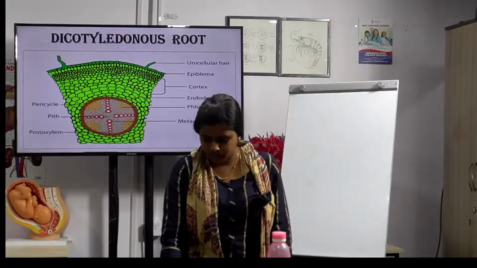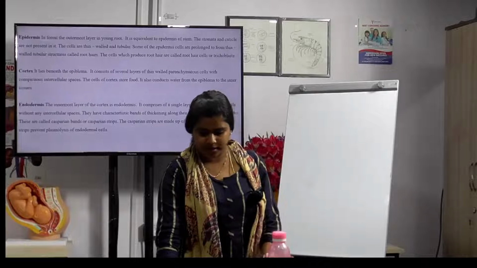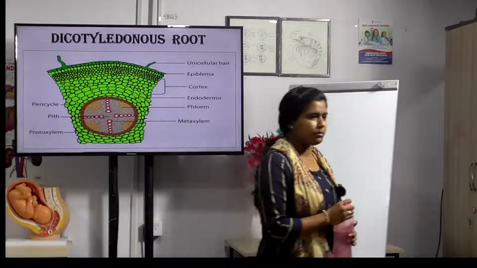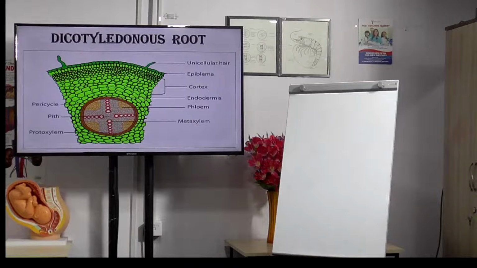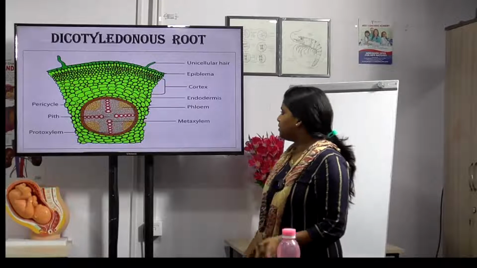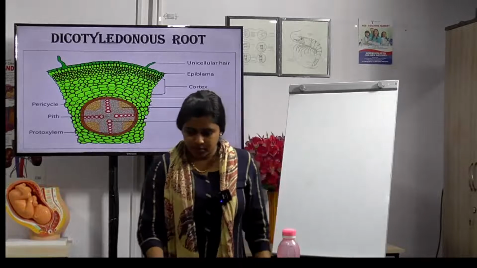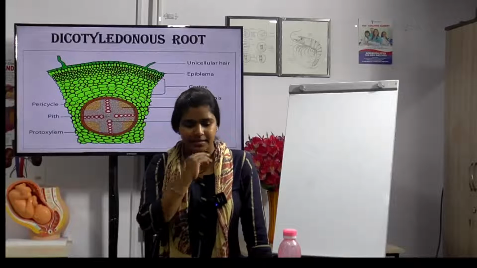The starting stage. So here secondary tissues are absent in dicot roots.